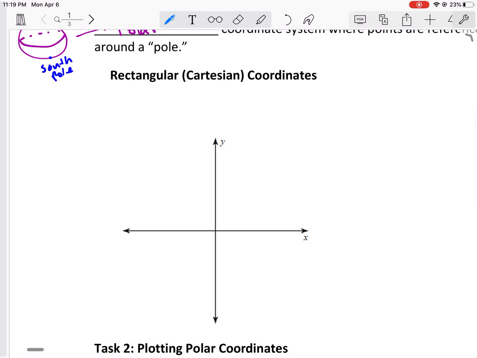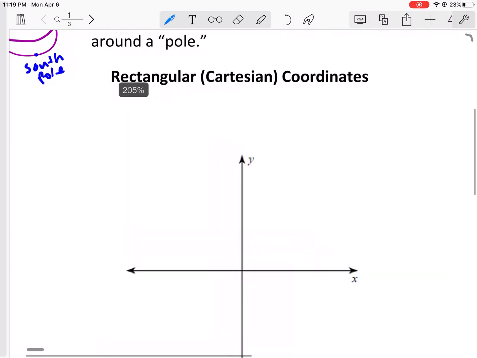All right, so rectangular coordinate systems. You've worked with these before.